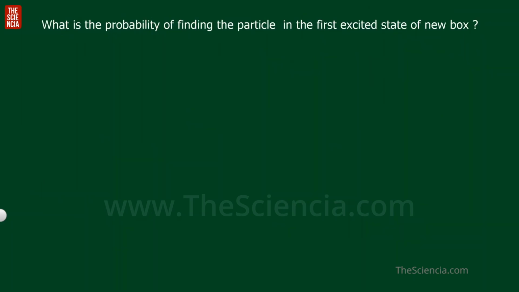Now let us consider an example problem. Initially the particle is in a box of length L. Now the walls are shifted and we get another unsymmetric box of length 0 to 2L, like this one.